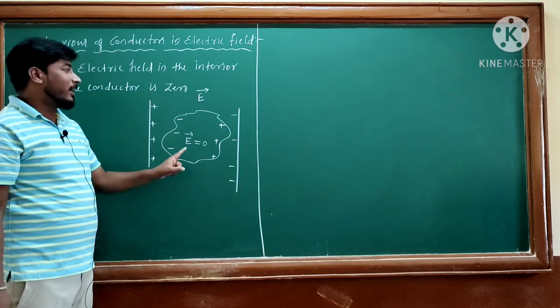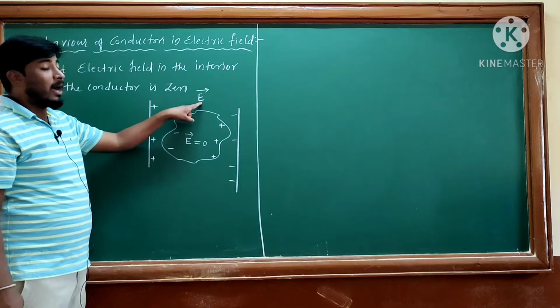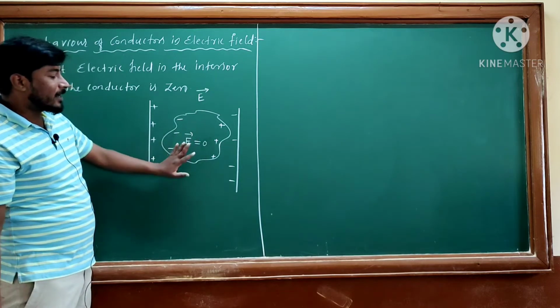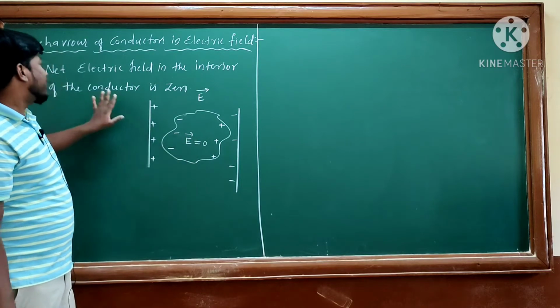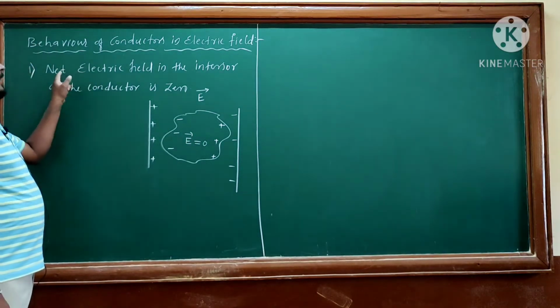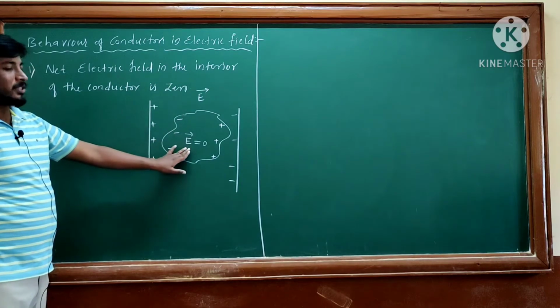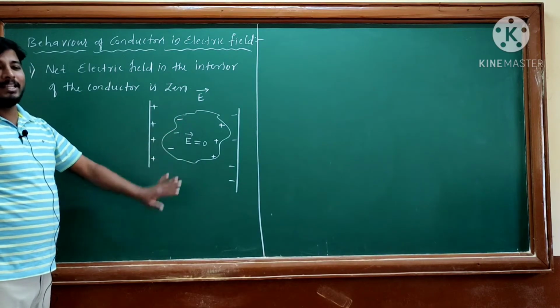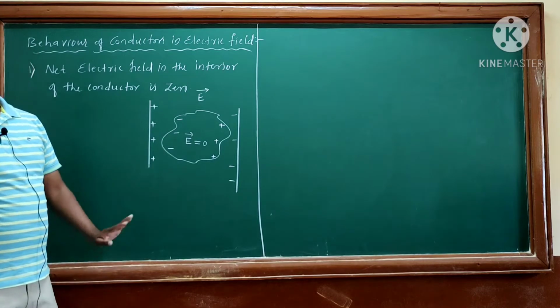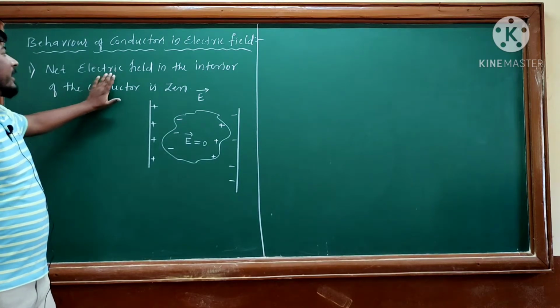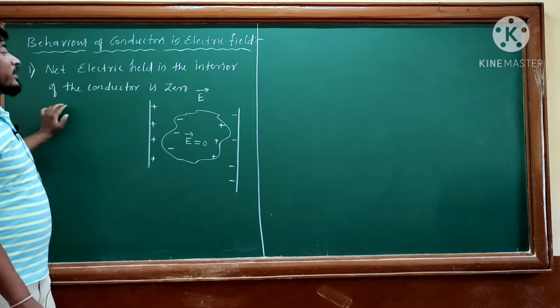That is why we say that the net electric field in the interior of the conductor is 0. Electric field inside the conductor is always 0. This is very important.